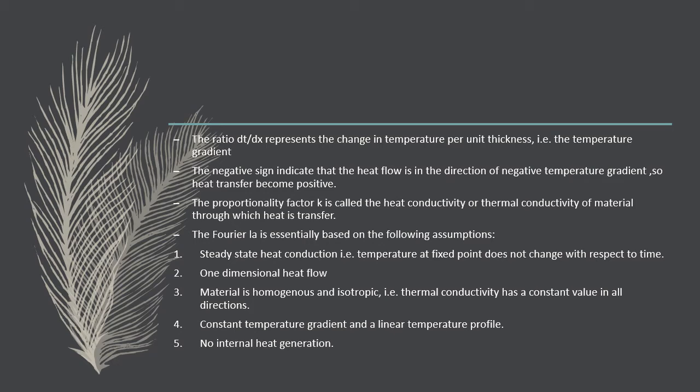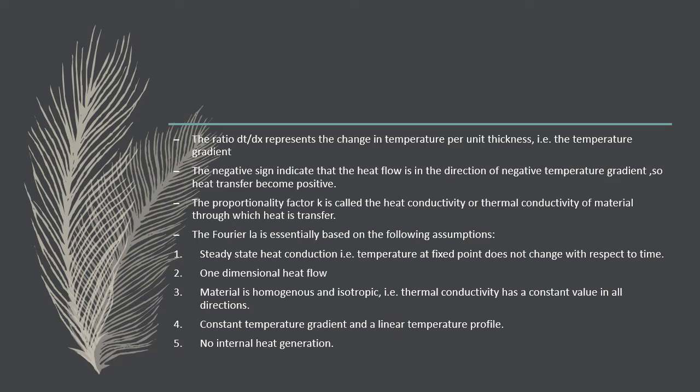The ratio dT by dx represents the change in temperature per unit thickness, that is the temperature gradient itself. The negative sign indicates that the heat flow is in the direction of negative temperature gradient.